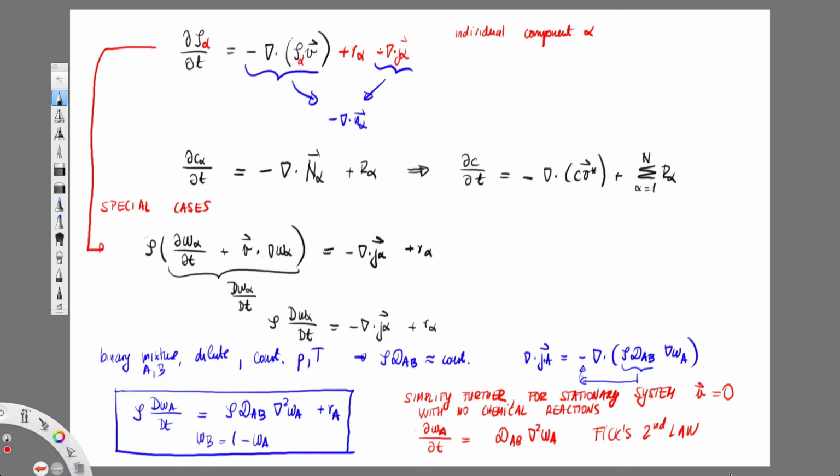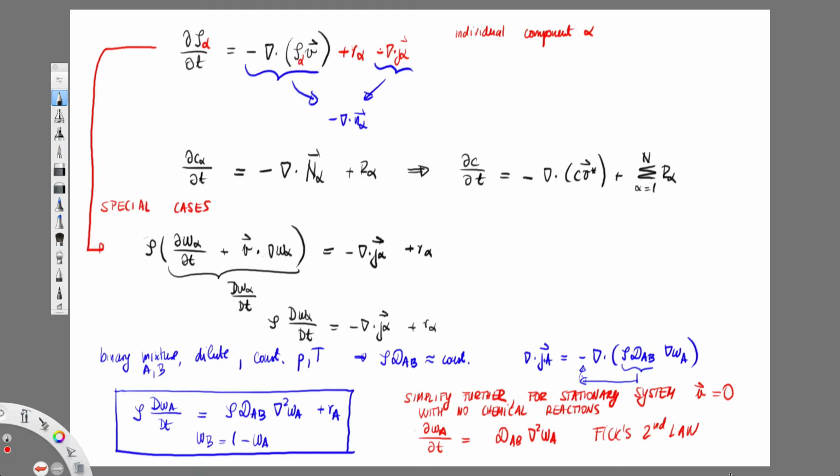Transport coefficients change, yes? On the first case where you say dilute, that means that the density is equal to what? Dilute is basically the fraction of A is very small. So I don't have a lot of A inside this space. The fraction of A is very small. Yeah. So that's what I mean by dilute. Concentration is low.